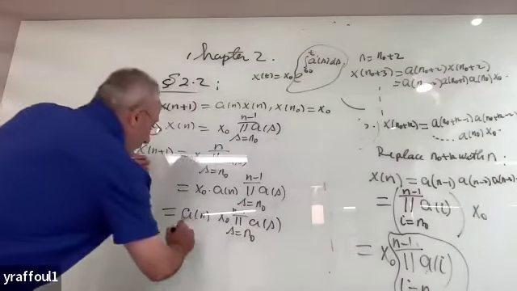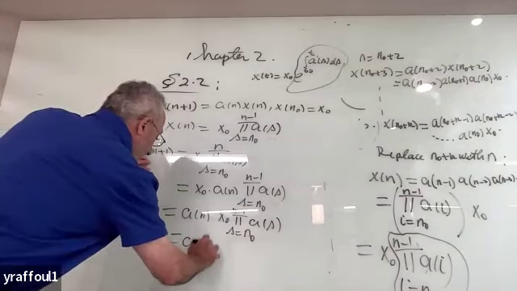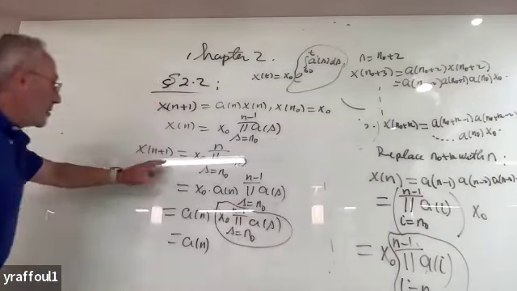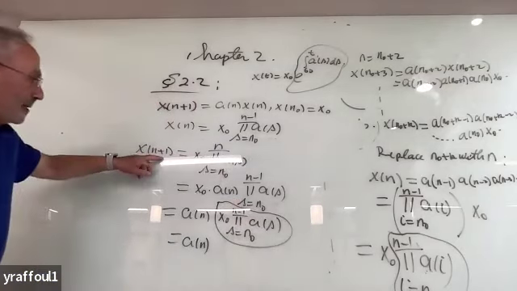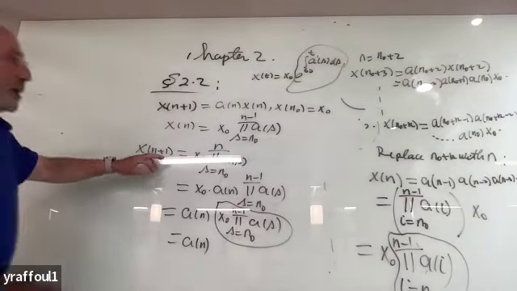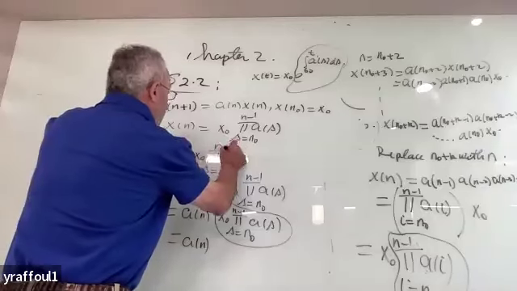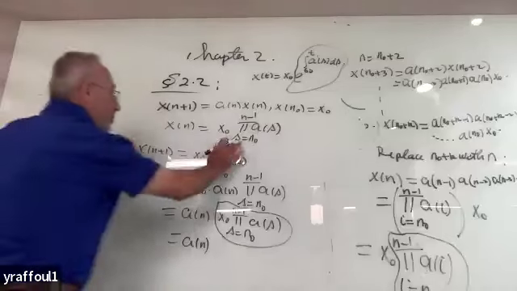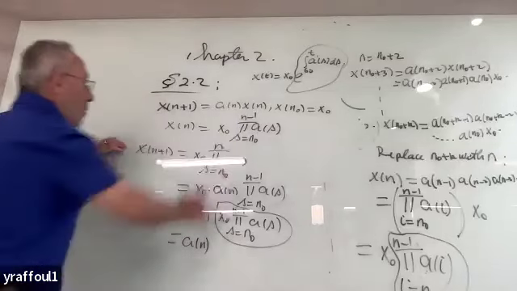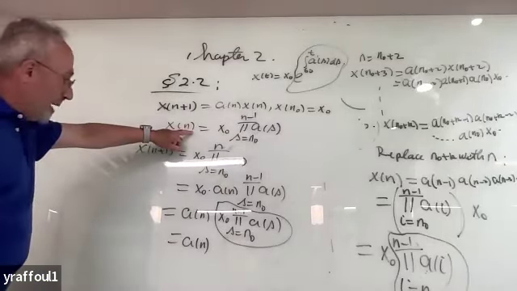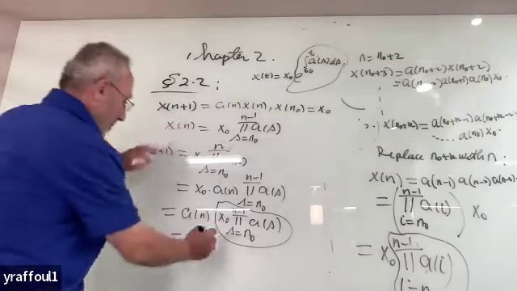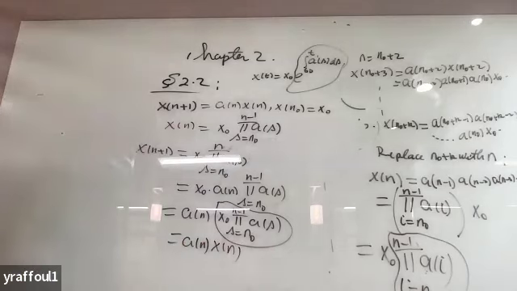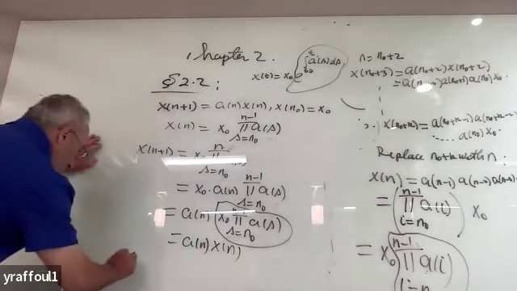So that is a_n. What is this by definition? Isn't that x_n? Sorry, the solution is x_n minus 1, not x_n. Oh, this is x_(n+1), sorry. Okay, what is that? Isn't that x_n? Look at it. Okay, that is x_n.